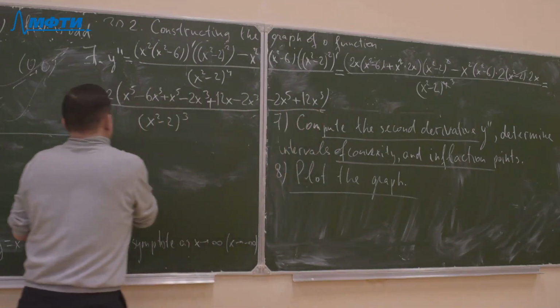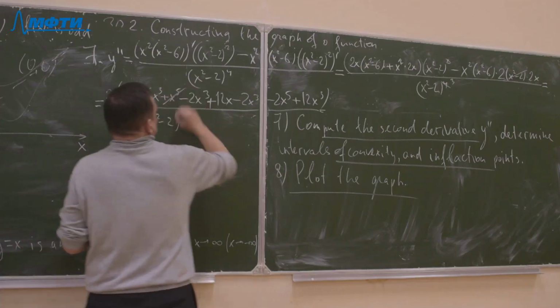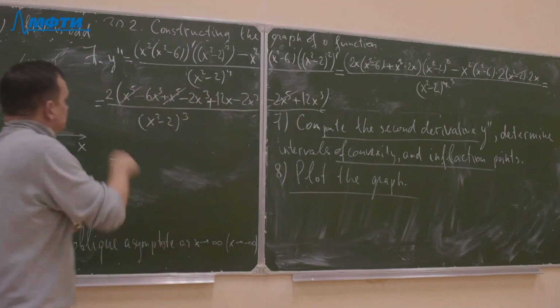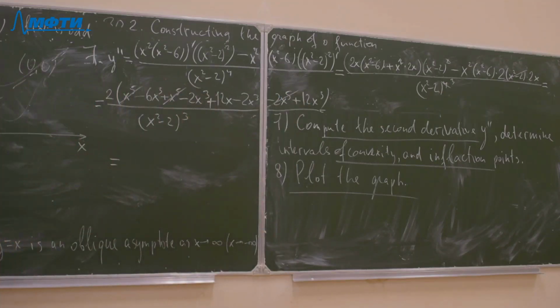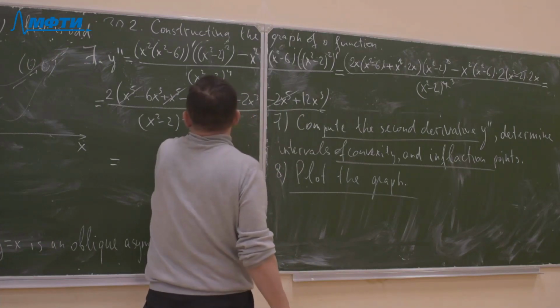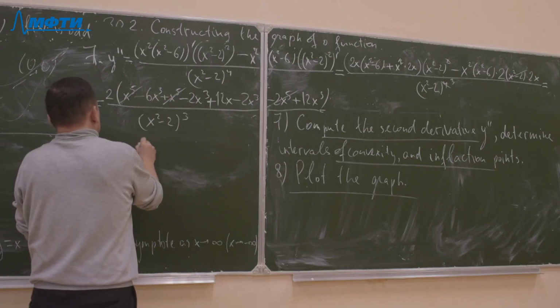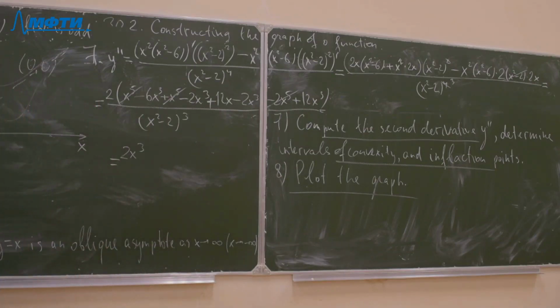So what we have here: 2x to the power 5 is cancelled. What about x cubed? 12 minus 10, so 2x cubed.